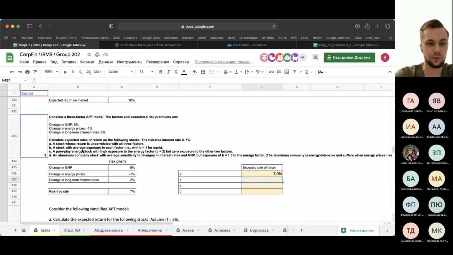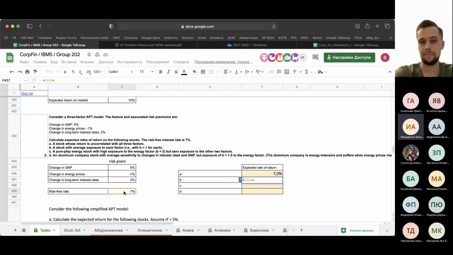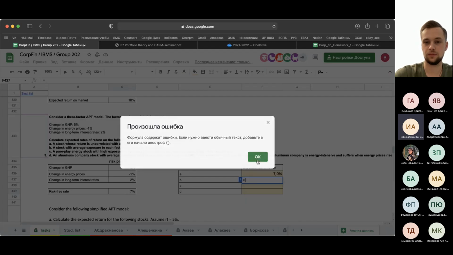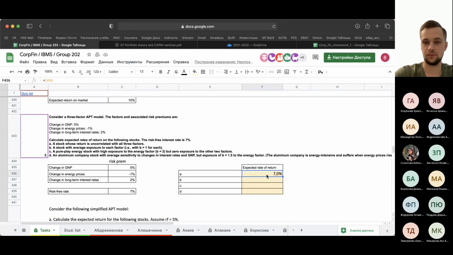Well, what about B? A stock with average exposure to each factor. Average means that the betas are 1 for each risk factor. How are we going to calculate it? Can you show the A1 task? So we just copy the risk-free rate because of no correlation?